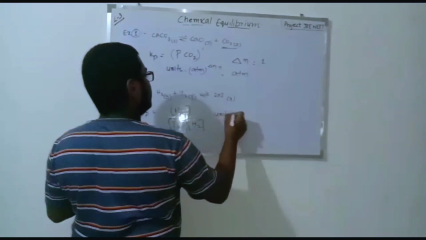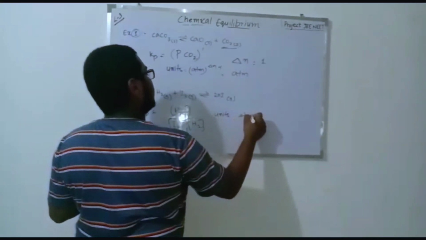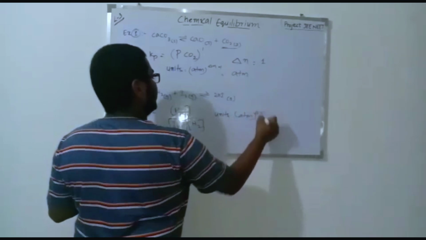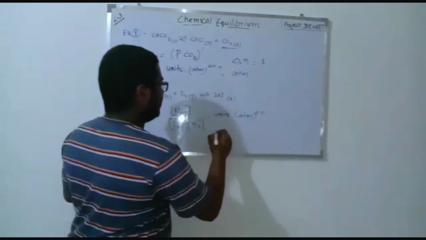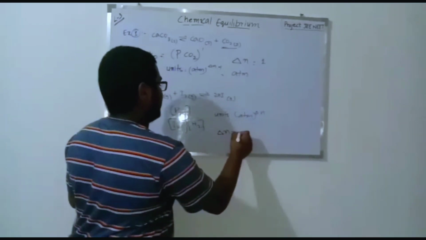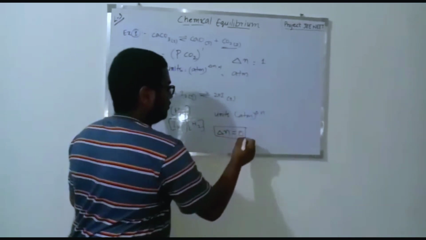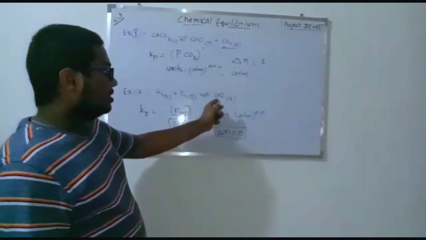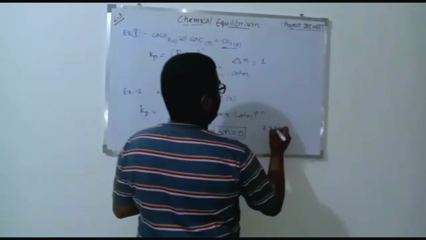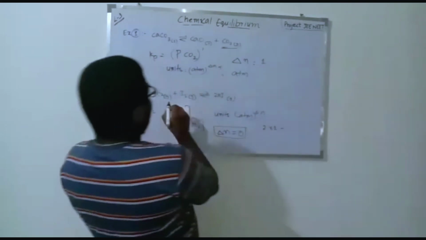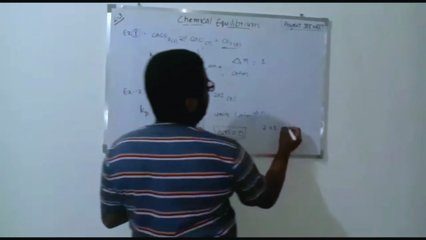Units is equal to atm to the power delta N. Listen carefully: the delta N value for this reaction is 0, because it is 2 into 1 minus 1 into 2.